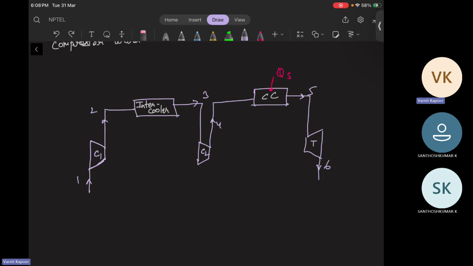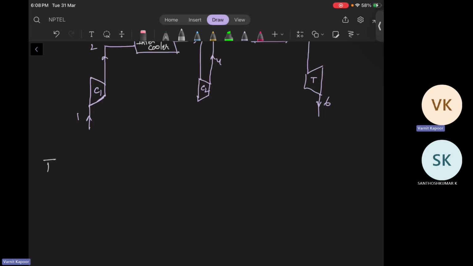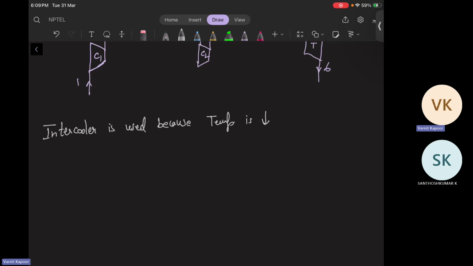So the intercooler is used because the temperature is decreased at constant pressure.